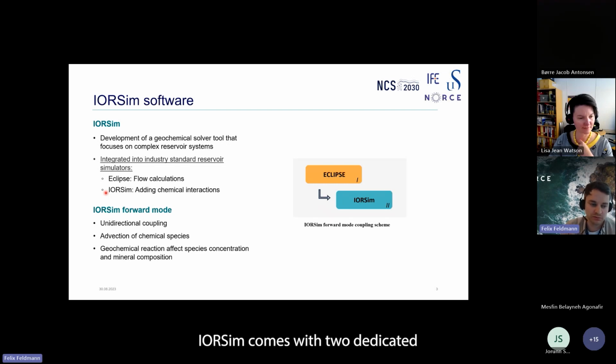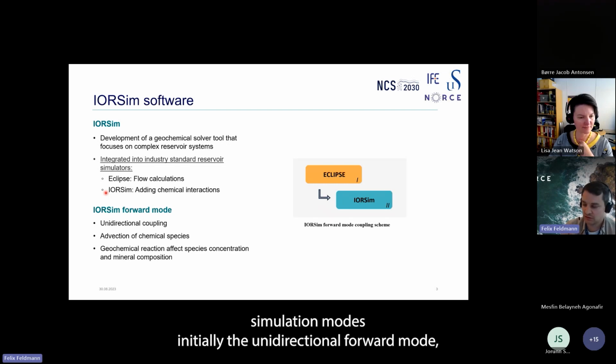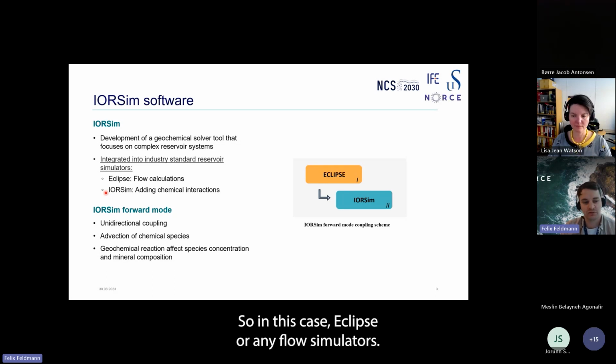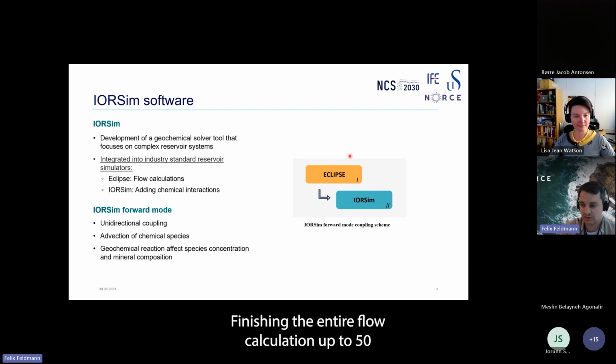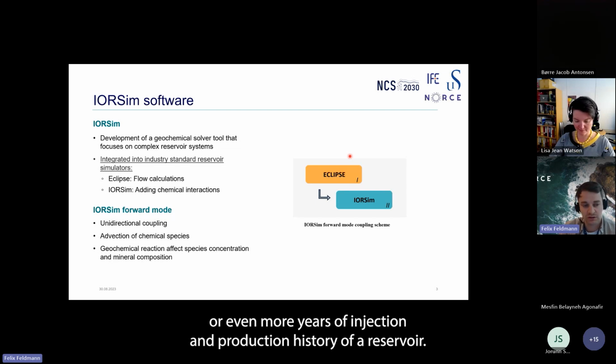IORSim comes with two dedicated simulation modes. Initially, the unidirectional forward mode. In this case, Eclipse or any flow simulator is finishing the entire flow calculation up to 50 or even more years of injection and production history of a reservoir.